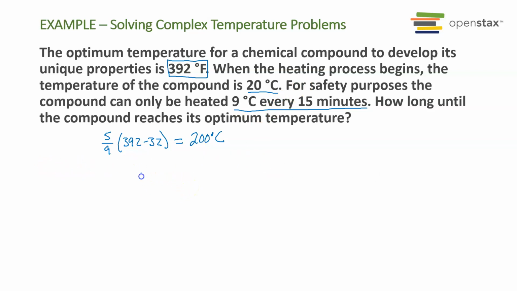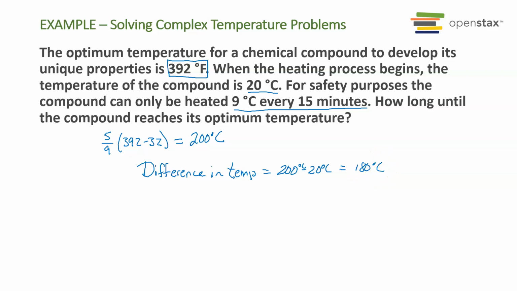Well, the difference in temperature is going to be 200 minus 20. That's in degrees Celsius. So we're looking at 180 degrees Celsius difference. And we can only go up 9 degrees every 15 minutes. So 9 degrees Celsius every 15 minutes.